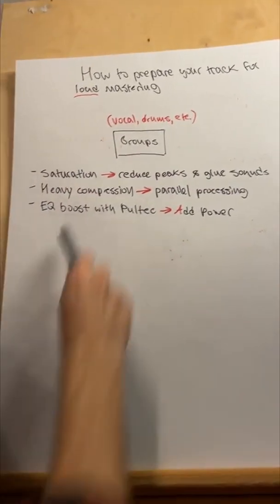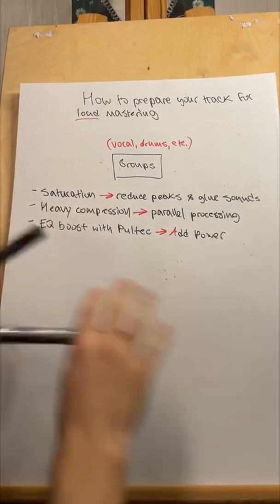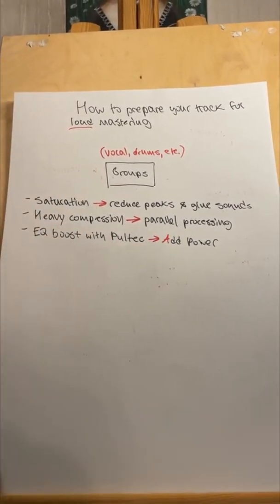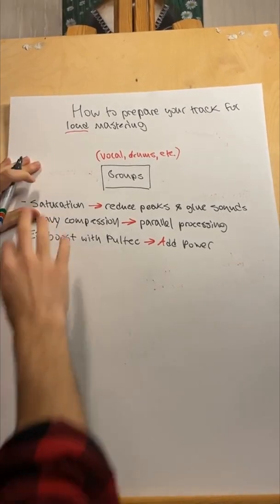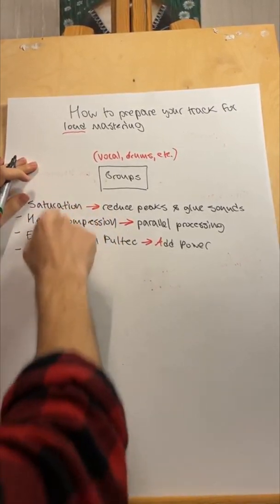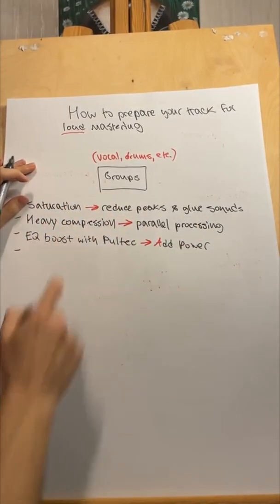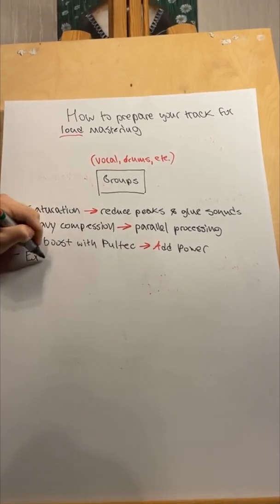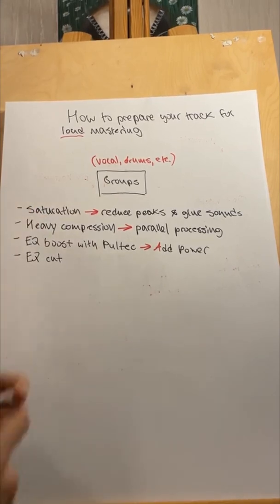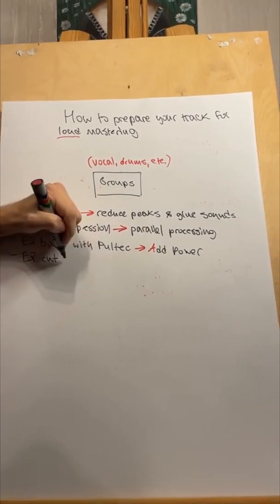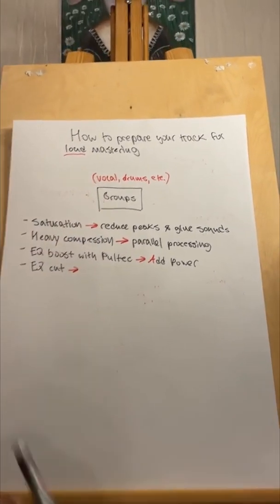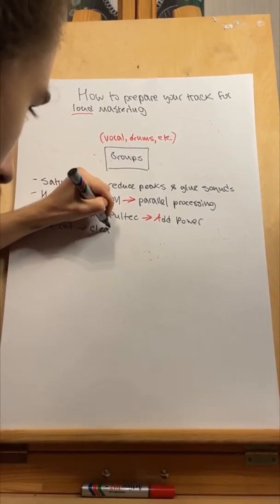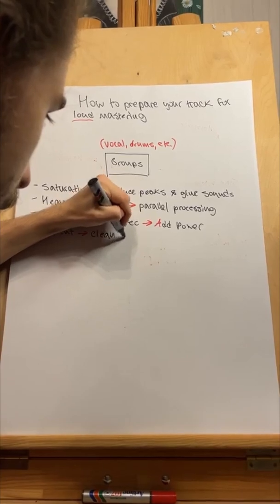And finally, it's a little bit simplified because I need to use the paper. But after everything, so saturation, heavy compression, EQ boost, I do EQ cut to clean everything. Clean the sound.